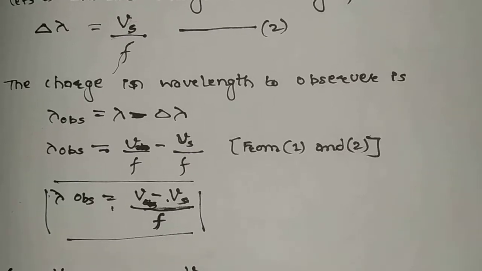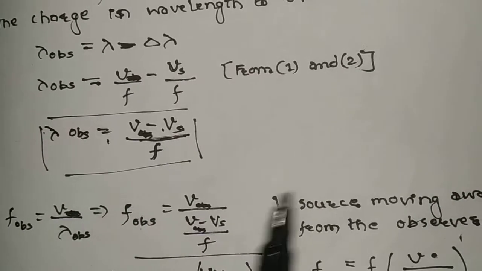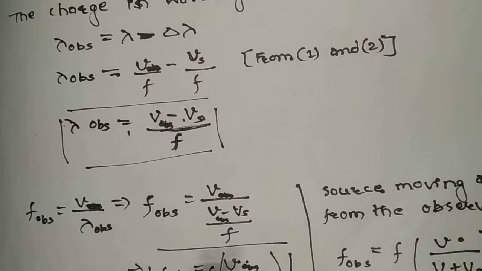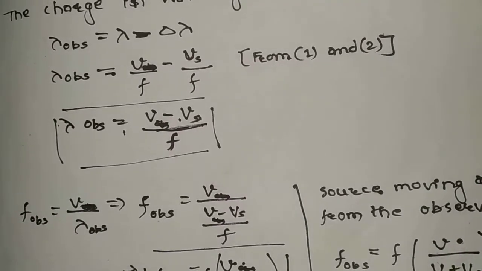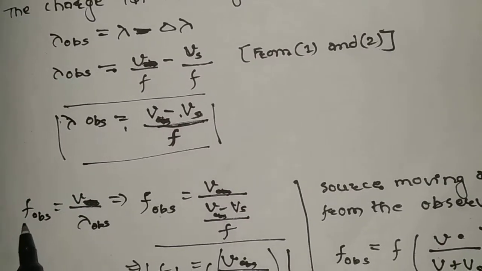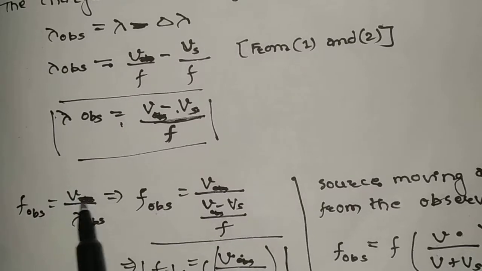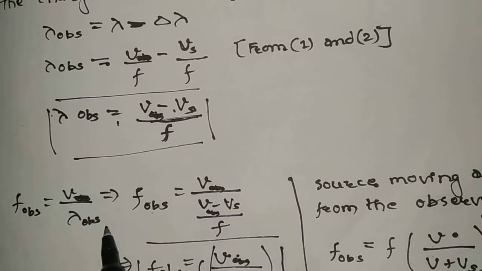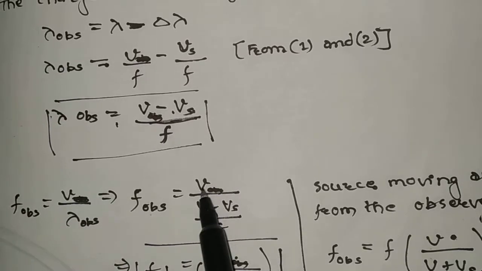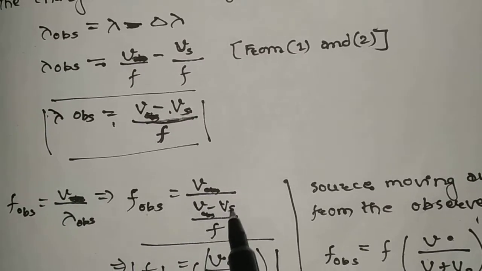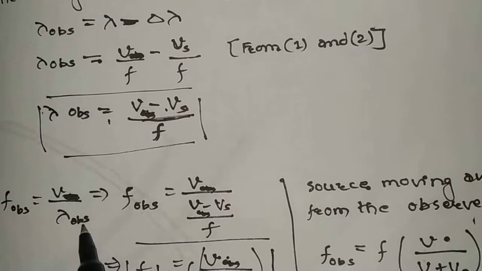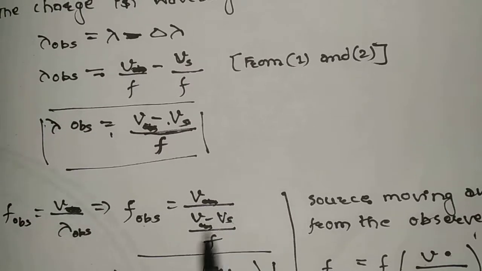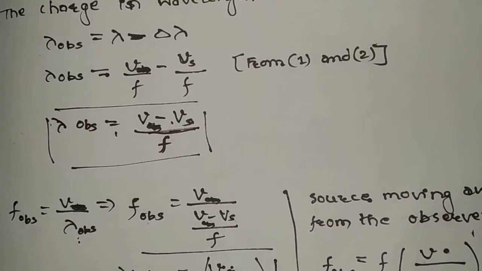But as in case 1, we have to find the frequency. Here also we have to find frequency. So the frequency of the observer will be equal to V by lambda observer, or V by (V minus Vs) by F, substituting this value for lambda observer.